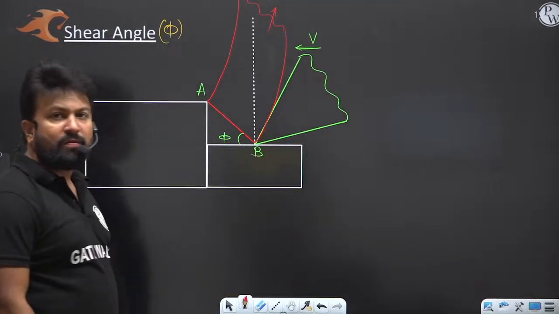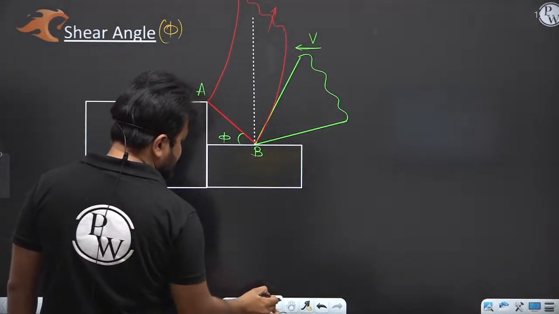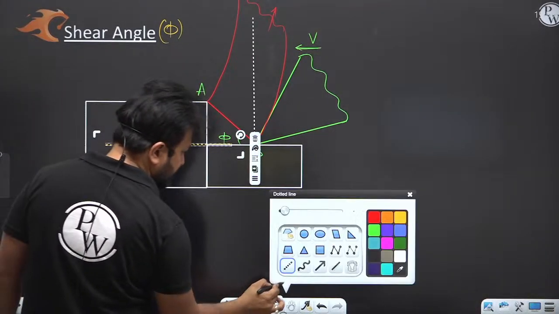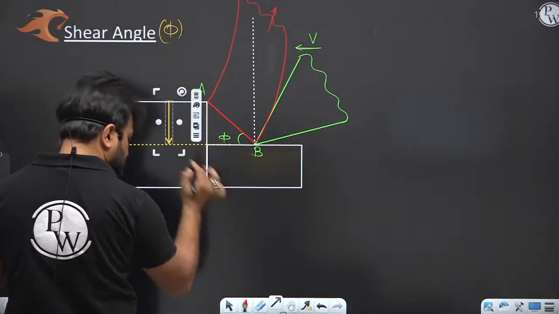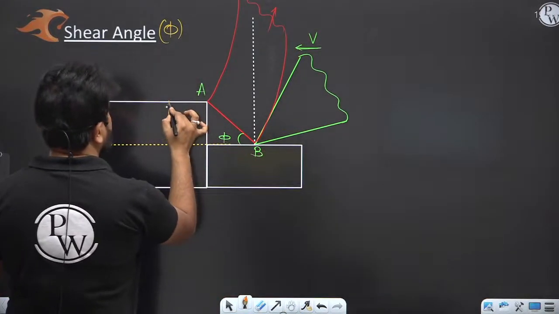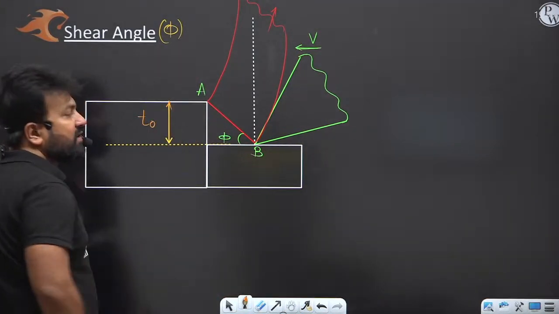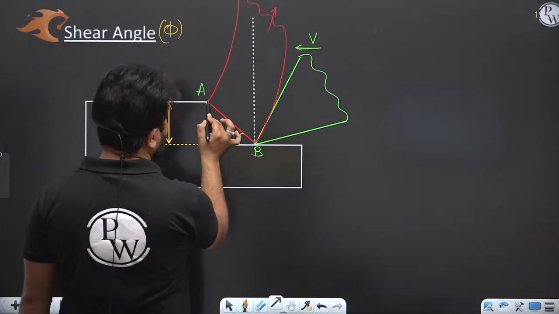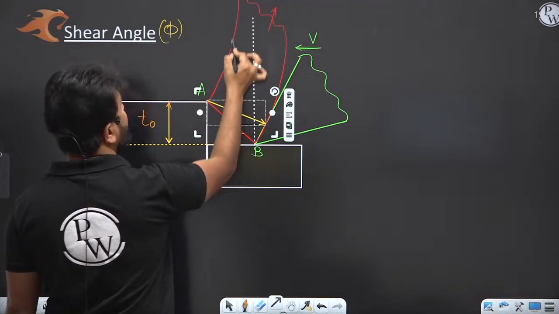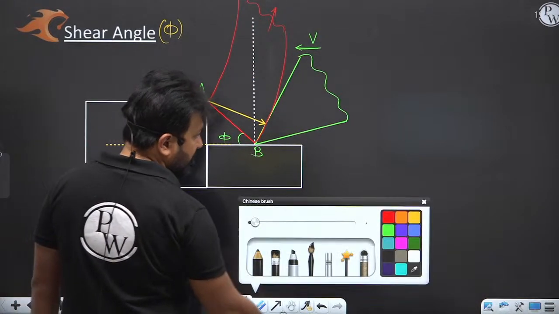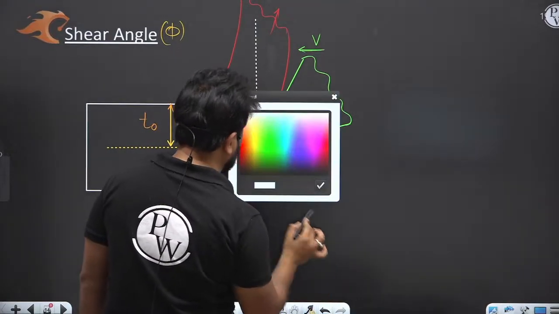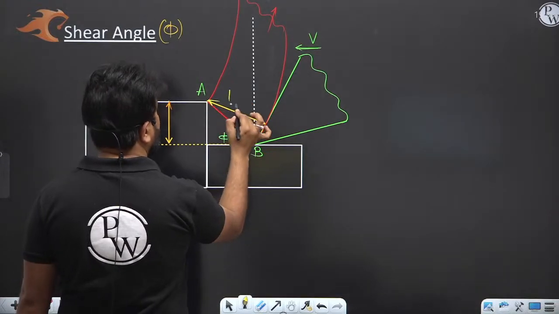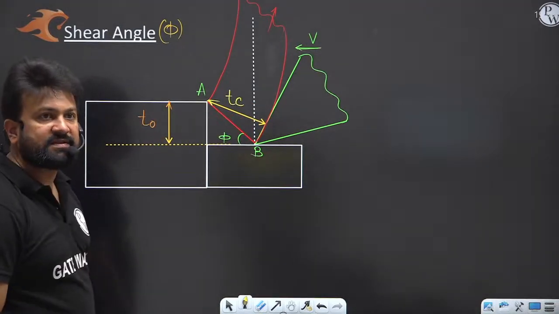Now, my dear, the thickness before cut is t naught. This is the uncut thickness. And if you draw a perpendicular from the top layer of the chip to the bottom layer, it will give you t, that is the chip thickness.